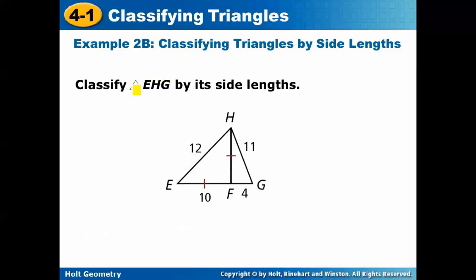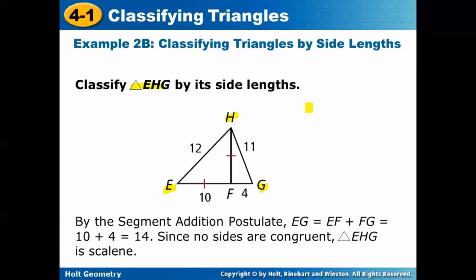We're going to look at triangle EHG, and again we're going to label it by its side length. So EHG, the entire larger triangle. We see that we have a side measure of 12, a side of 11, and then when we put 10 and 4 together, we can see that we have a side of 14. So we have three sides with three different measures.